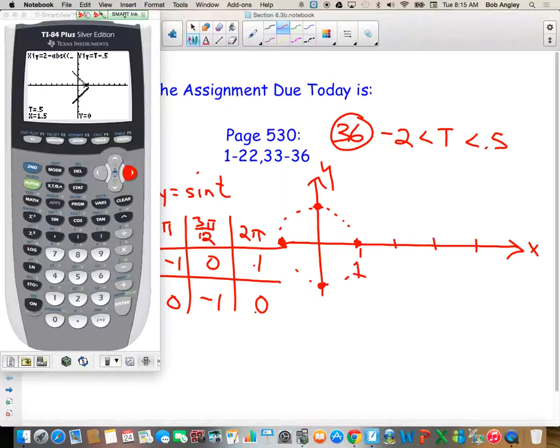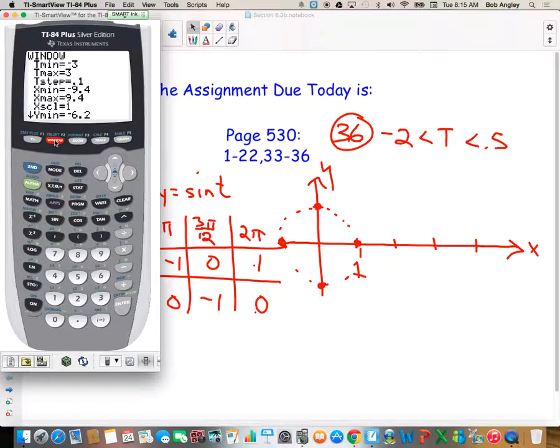Okay, go back to window for just a minute. Is your t-step 0.1? All right, let me see what's going on.